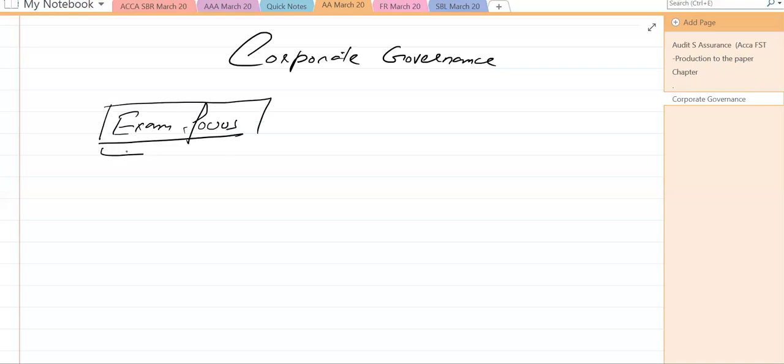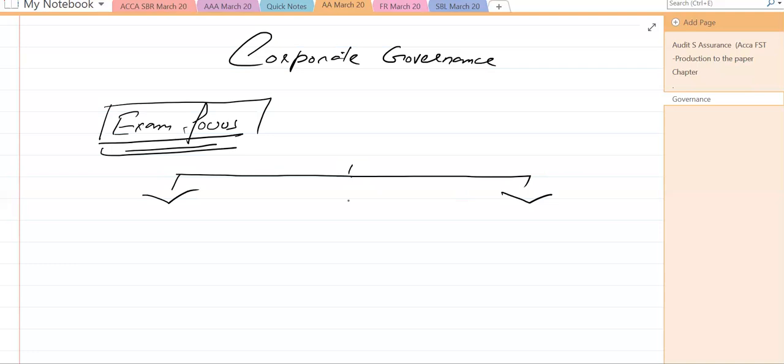The first thing you have to understand is the exam focus: how this area is tested in the exam. There are two main types, or you can say three. The first is the objective test questions. You may have some MCQs from this area.